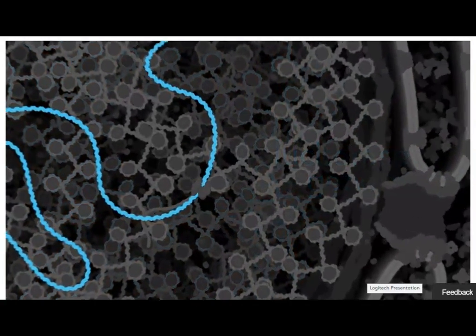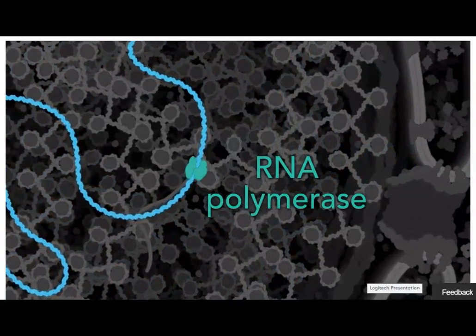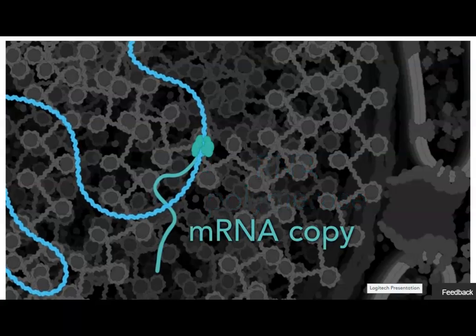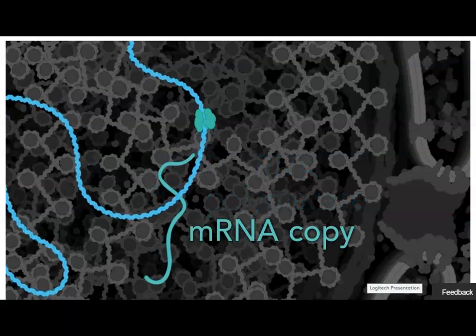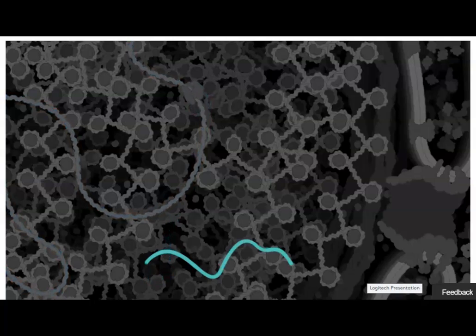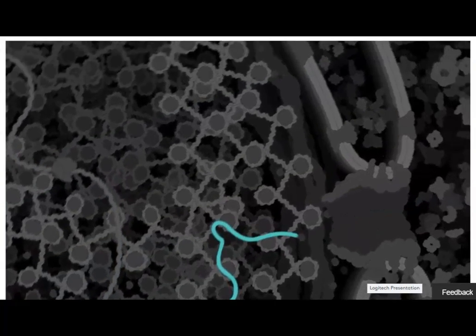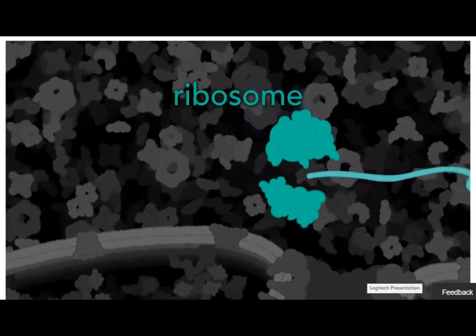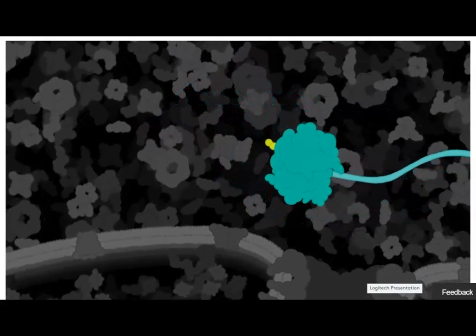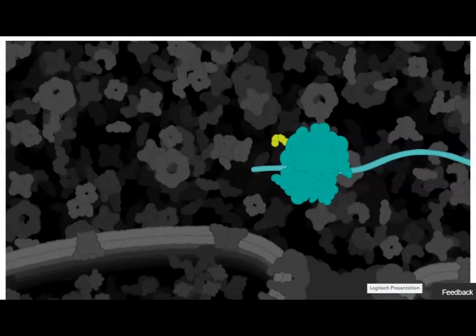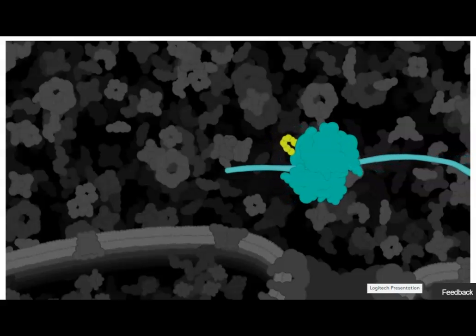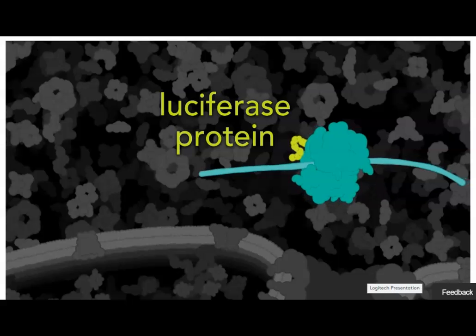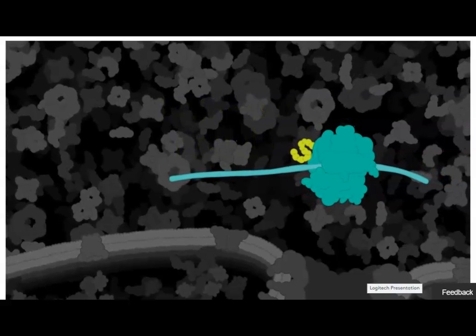A molecular machine called RNA polymerase makes a messenger RNA copy of the luciferase gene. The gene can be copied many times. The mRNA attaches to a ribosome, the cell's protein-making machinery. The ribosome reads the molecular code of the mRNA to build a luciferase protein, one amino acid at a time.